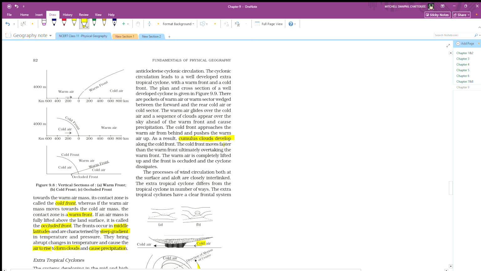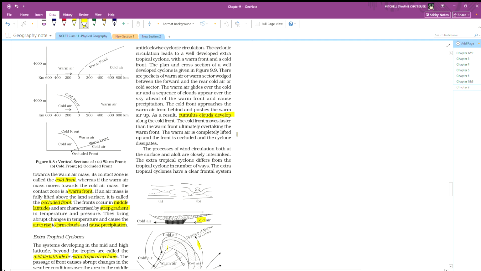The cold front moves faster than the warm front, ultimately overtaking the warm front. The warm air is completely lifted up, and the front is occluded. And the cyclone dissipates.